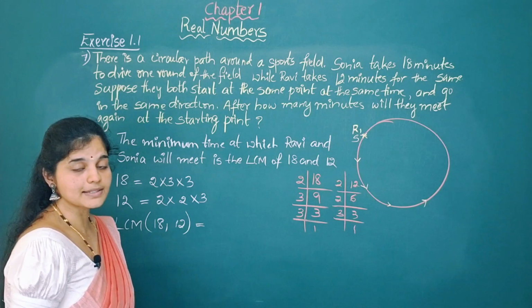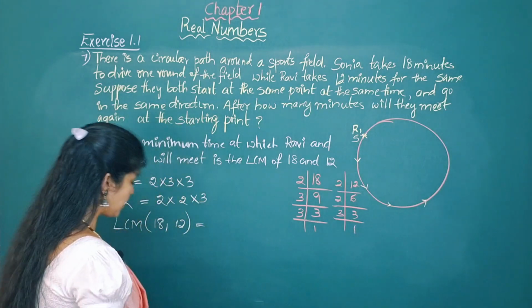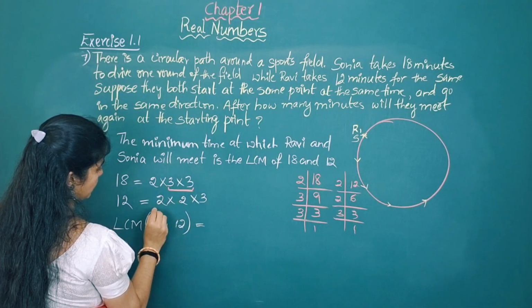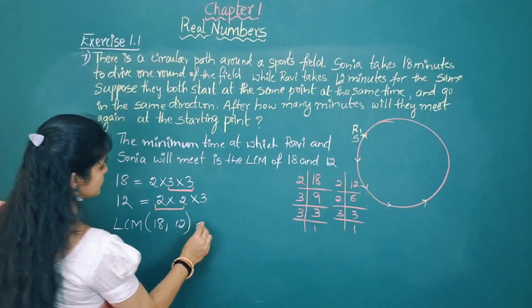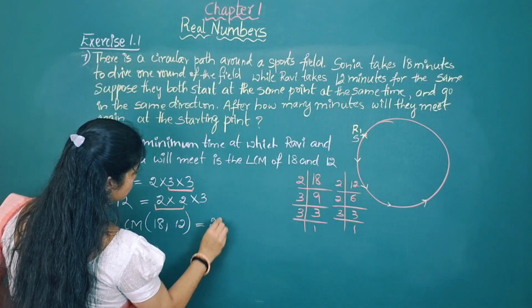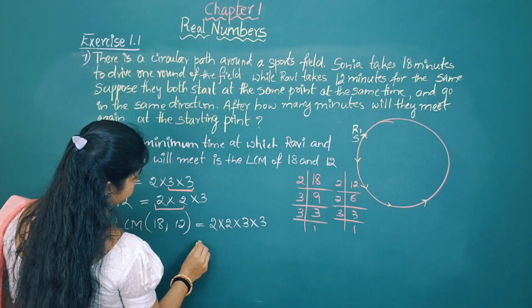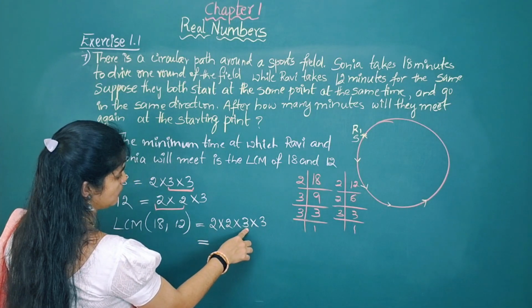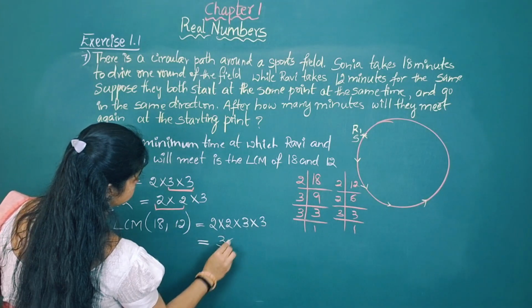Now LCM means we have to consider the highest power of the factors. So we have 3 into 3 and we have 2 into 2. Therefore LCM of 18 and 12 is 2 into 2 into 3 into 3. 2 2s are 4, 4 3s are 12, 12 3s are 36.